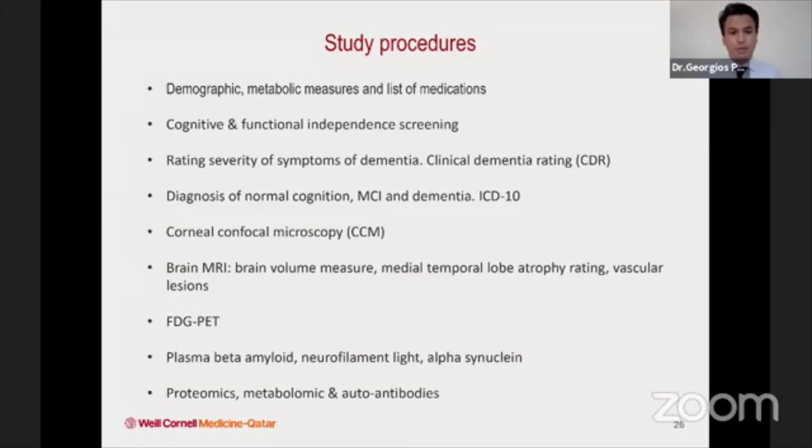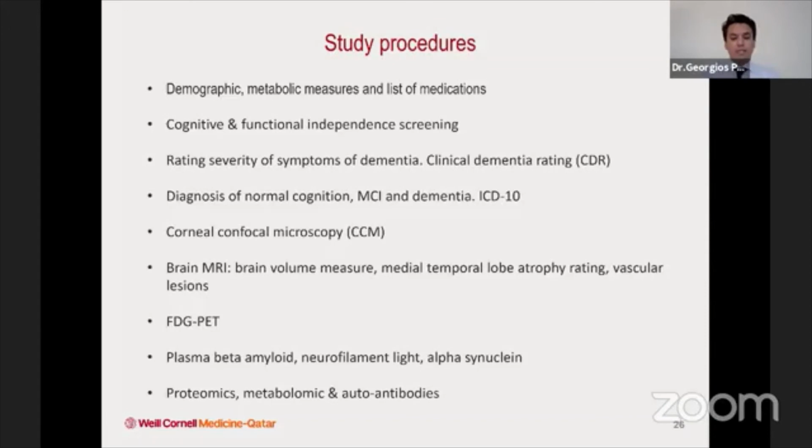We perform the corneal confocal microscopy. The device is in Rumeila Hospital for patients' convenience, so they don't have to go, let's say, to neuroscience where we had the device before. And also the MRI unit for brain MRI is in Rumeila Hospital. And FDG PET is something new that we're going to start also in Rumeila Hospital.